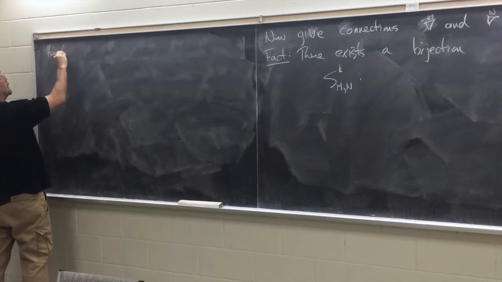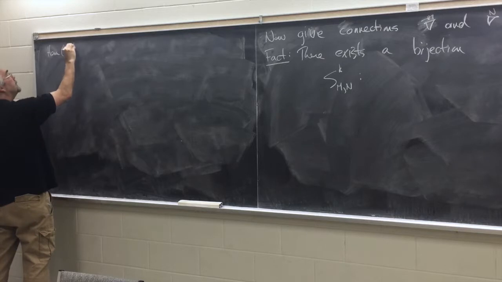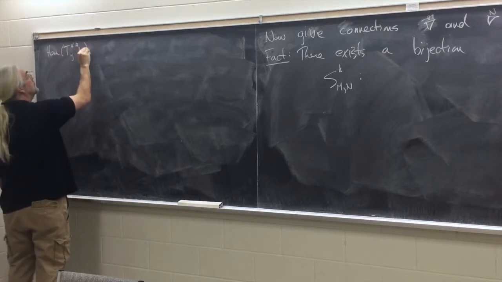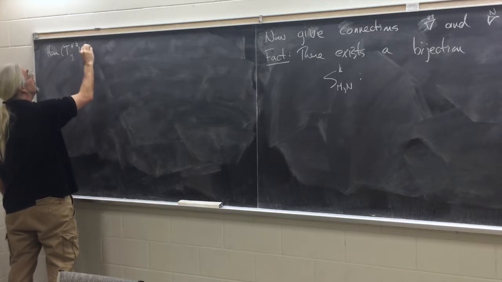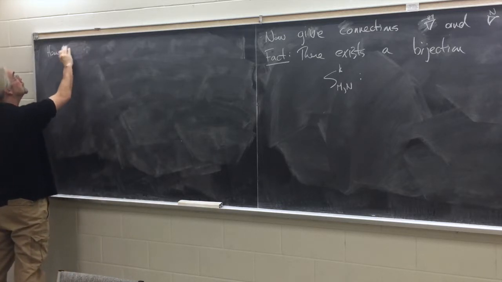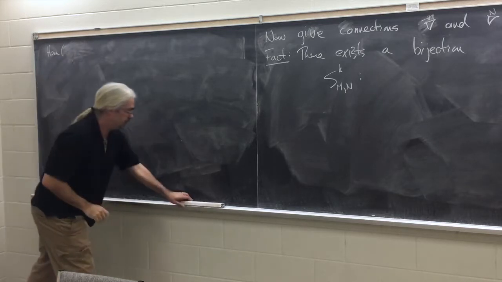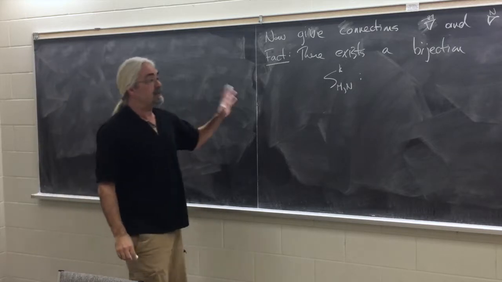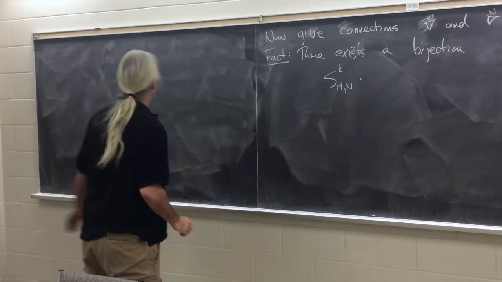Let's look at Hom of T^*, k, Y, N. Actually, let me do this. These are really going to be spaces of derivatives. So let's look at the simple case.